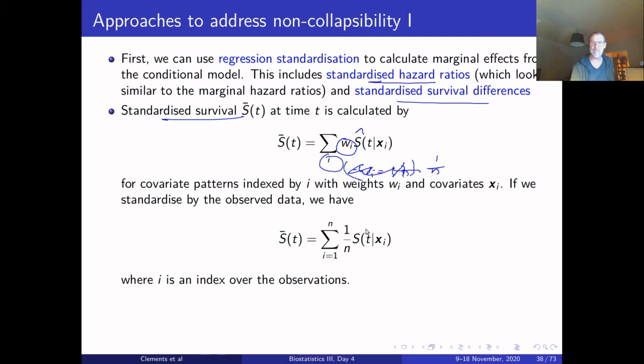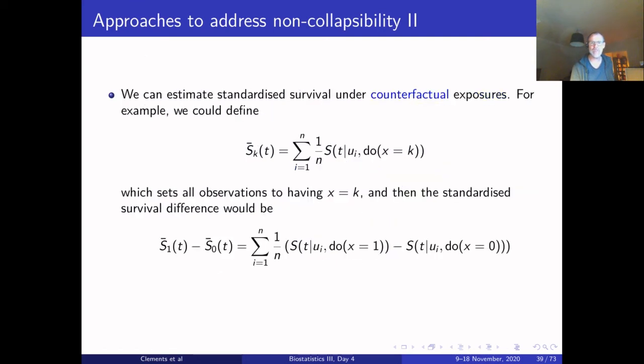Now, the big question is, how do we do this? What we can do is we can estimate standardized survival under counterfactual exposures. So S bar k here is the average of survival to time t given U_i, setting X equal to k.